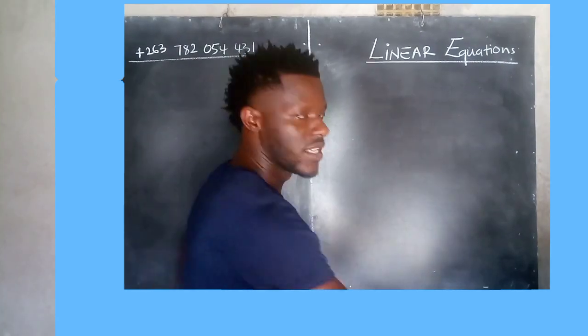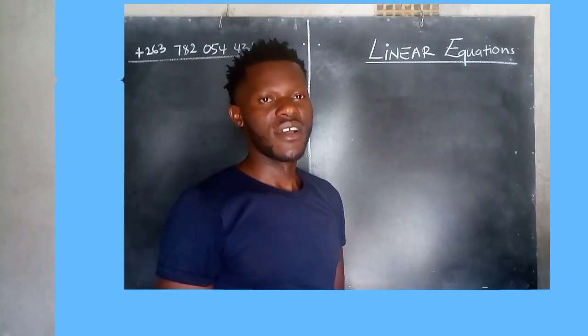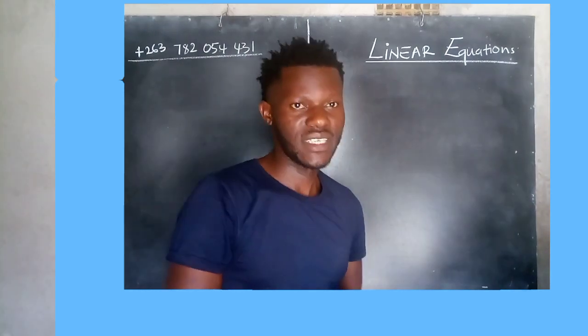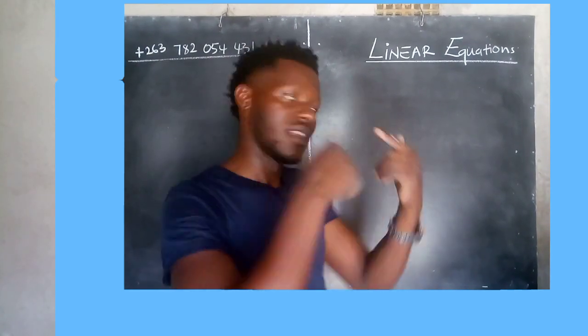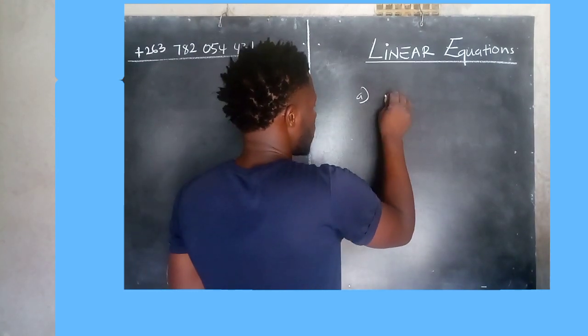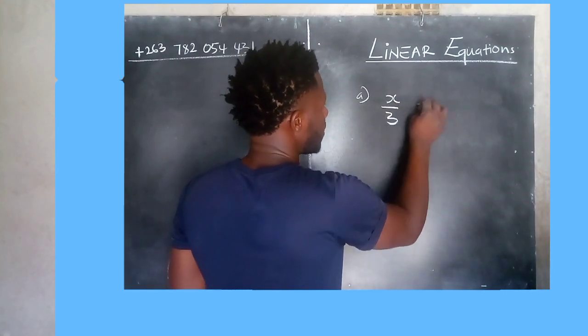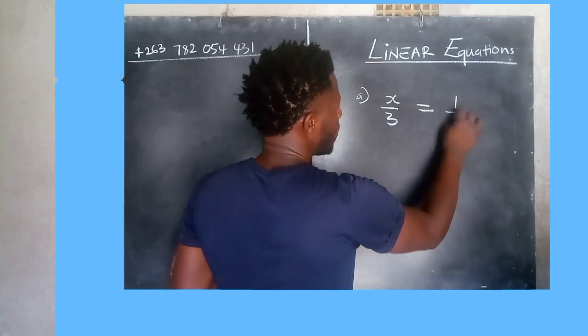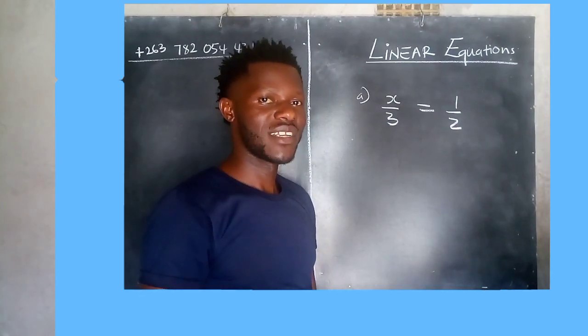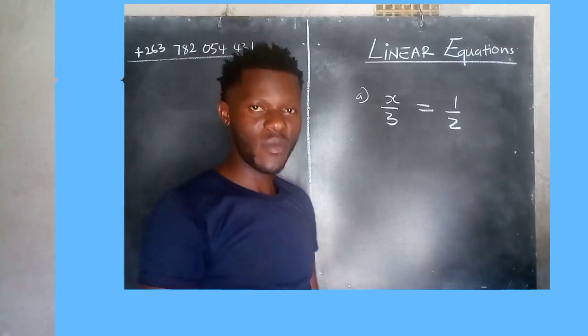How about equations with fractions? When equations involve fractions, we need to clear fractions first. How do we clear fractions? Let's get to it. Number A, solve x over 3 is equals to 1 over 2. It's still an equation, but now it involves numerators and denominators.